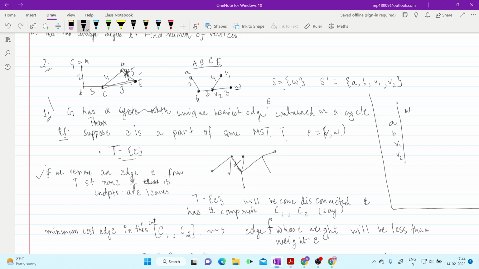So we see that we don't have any edge between them, WB is blank, WV2 is 3 and WV1 is 4.